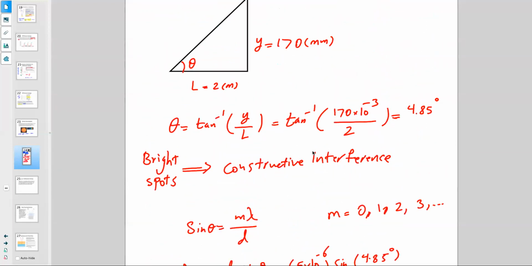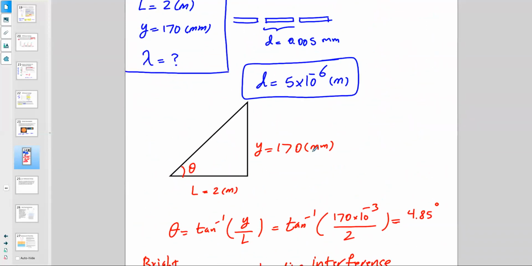Here is the center bright, and here is the first bright.